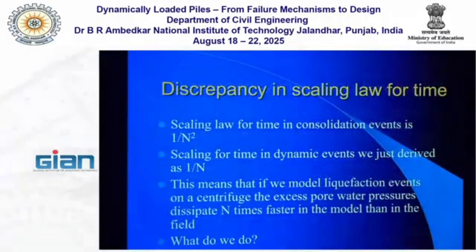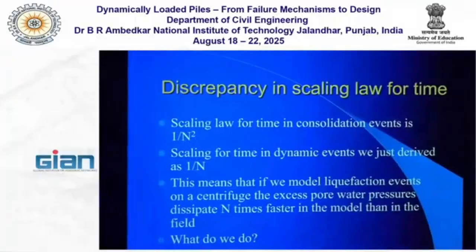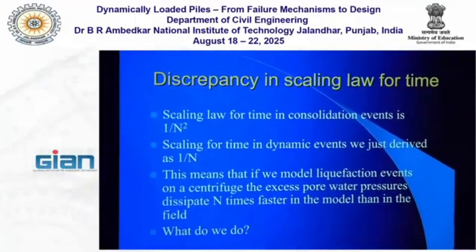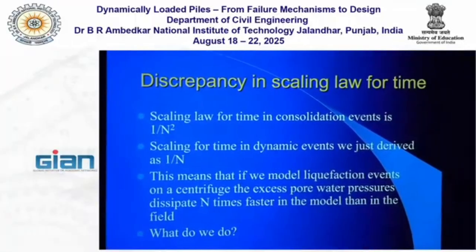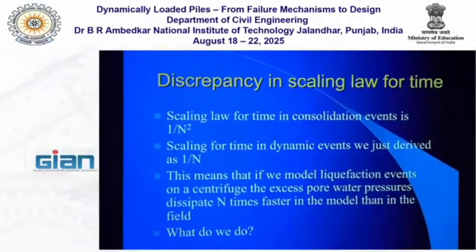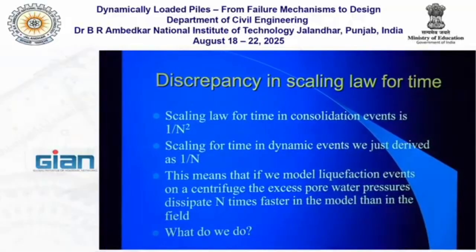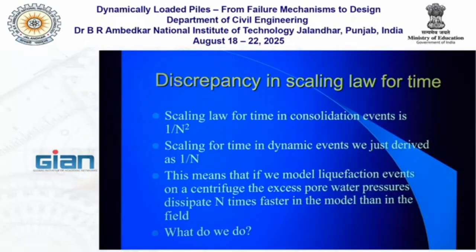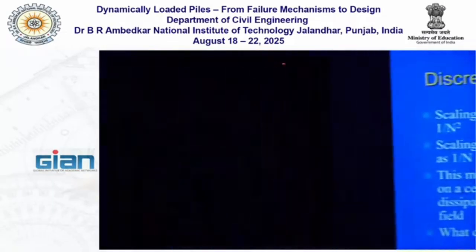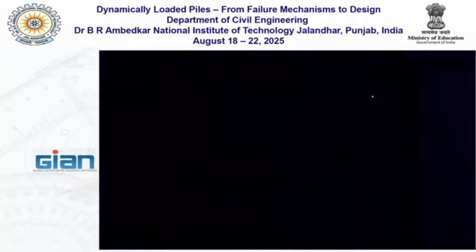yesterday we said that for consolidation and all the diffusion based events, our scaling law for time is 1 over n squared. So for consolidation, the time is 1 over n squared.